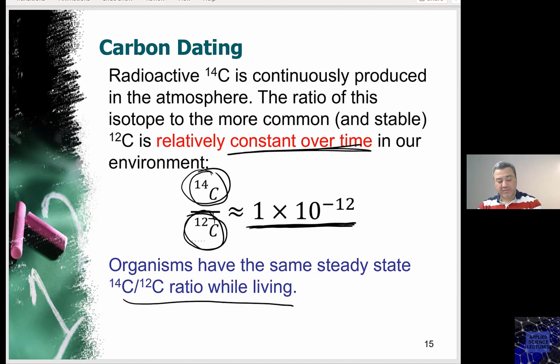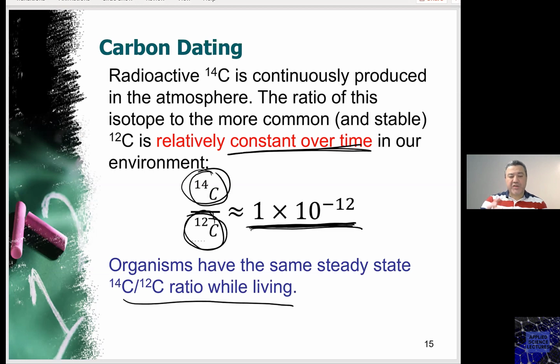So as long as you have living creatures, the ratio between the C14, which is an unstable carbon, to the C12, which is stable, is constant as long as the creature is still living. Once they die, the C12 is going to stay the same, and the C14 is going to continue decaying.